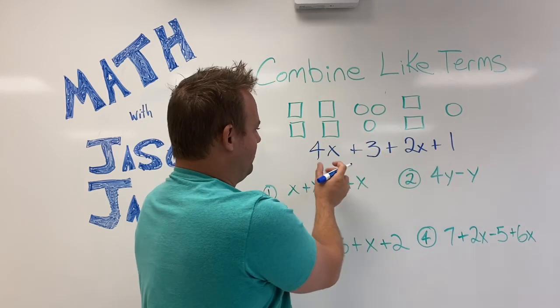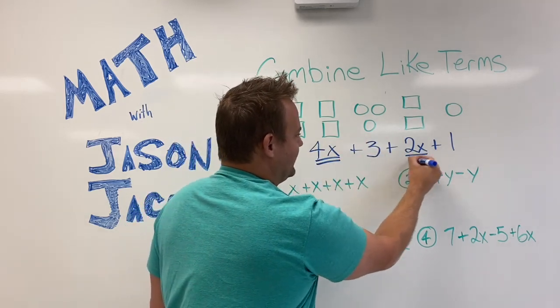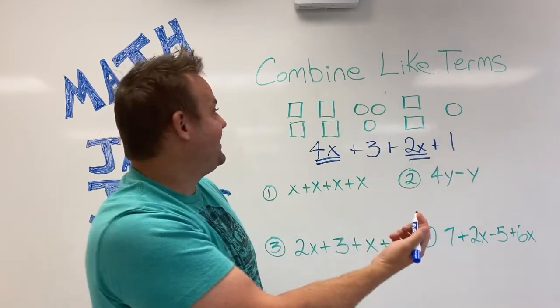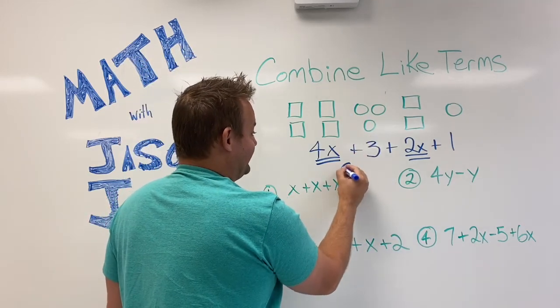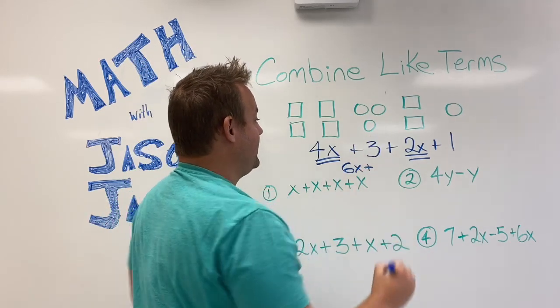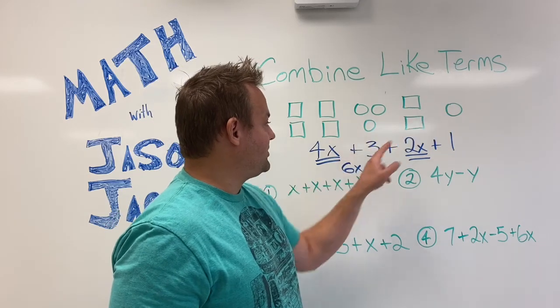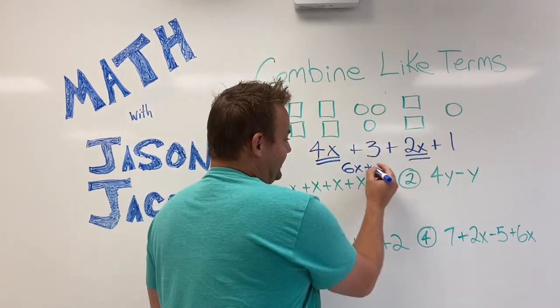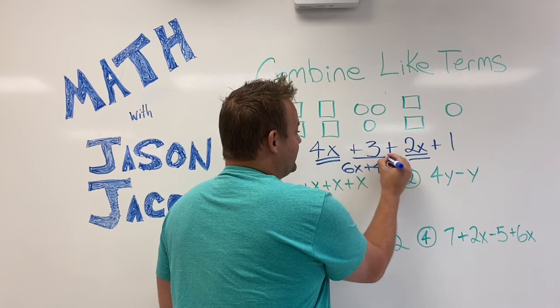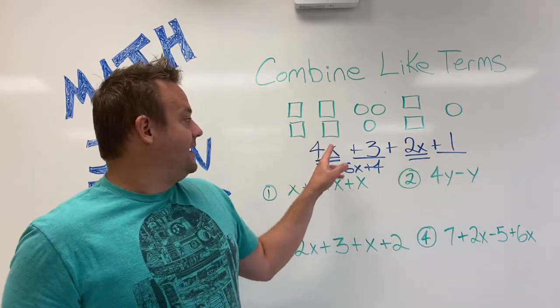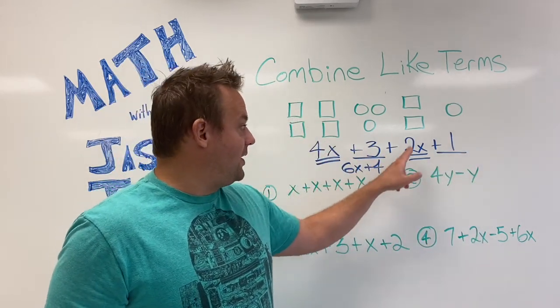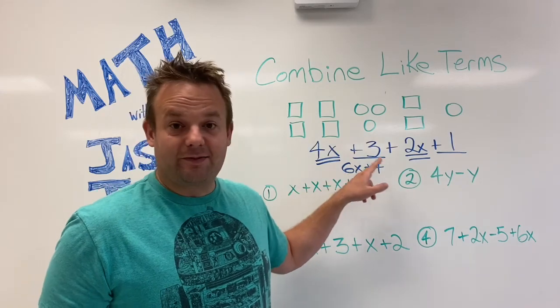Put those together and you get what? So 4 x's and 2 x's equals, that's right, 6x. So 6x plus, and now you have 3 circles and 1 circle. 3 plus 1 is, that's right, 4. So this simplifies 4x plus 3 plus 2x plus 1 simplifies to 6x plus 4.